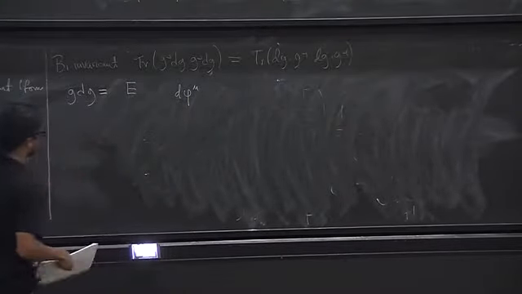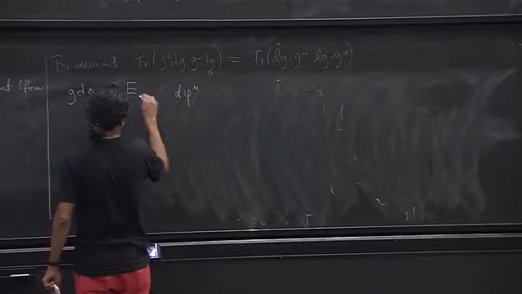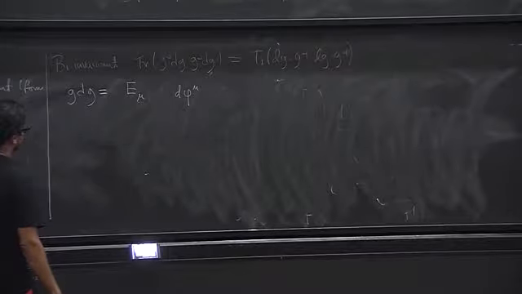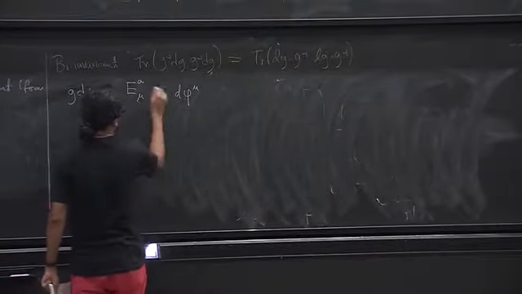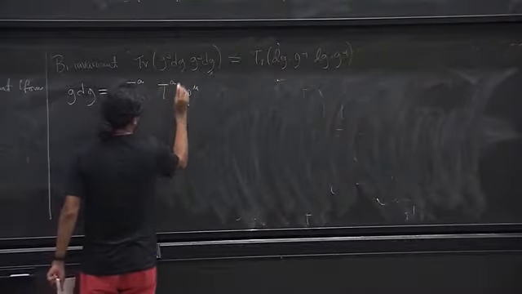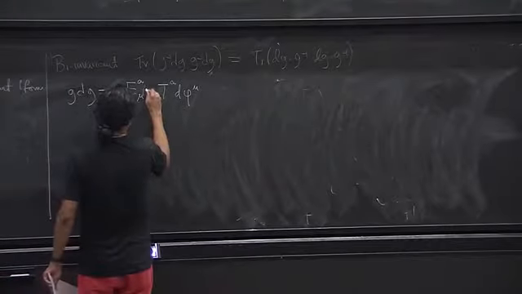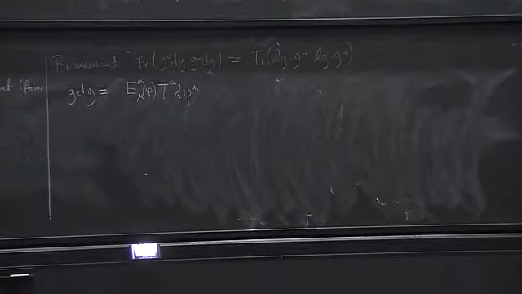Because it's a one form, there will be a basis one form dphi^mu, summed over those indices. It's also a Lie algebra valued object, so there would be a coefficient contracted with the generators T^A, and this should be a function of the coordinates.